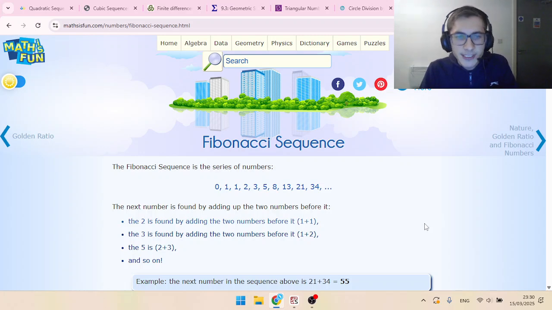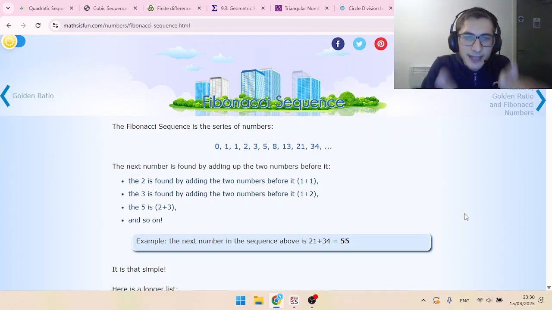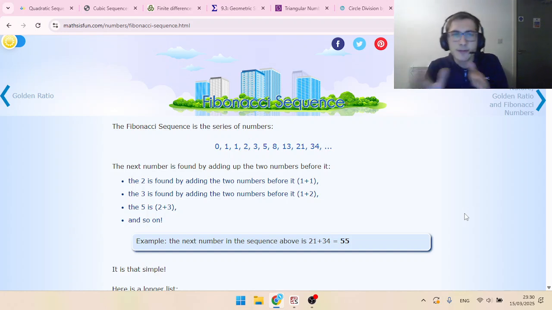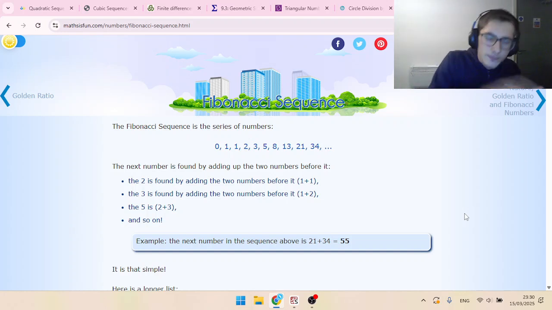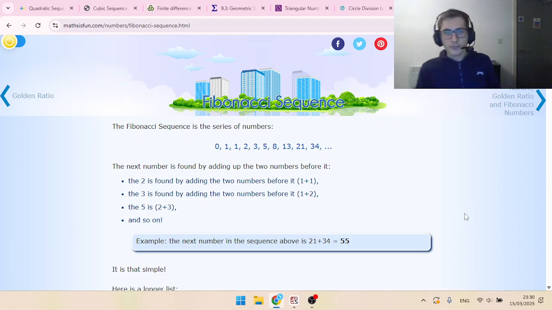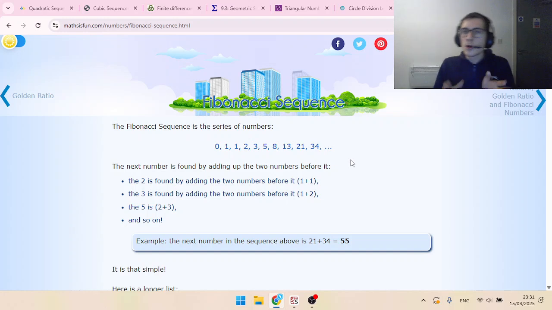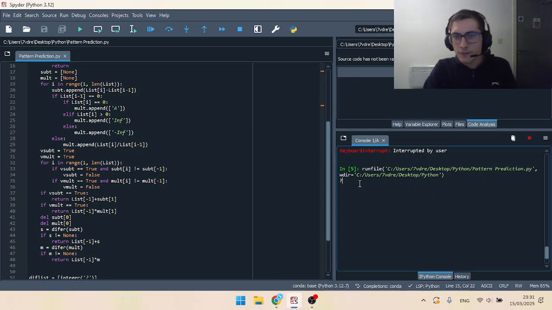The way the Fibonacci sequence works is by adding the two previous numbers before the next number. So as you can see, we've got 1, 1, and then 2, that's 1 plus 1, 3, that's 2 plus 1, 5, 3 plus 2, and so on. So this is a more complex pattern. So let's see how the program works for this sort of pattern.